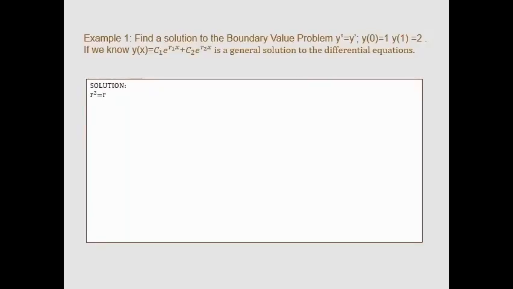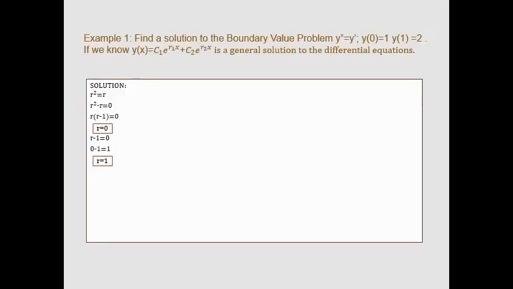Solution. r squared is equal to r. r squared minus r is equal to 0. r times (r minus 1) is equal to 0. r is equal to 0, and r minus 1 is equal to 0, so r is equal to 1.